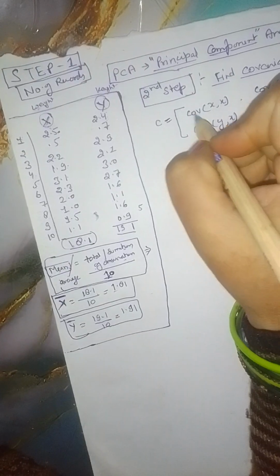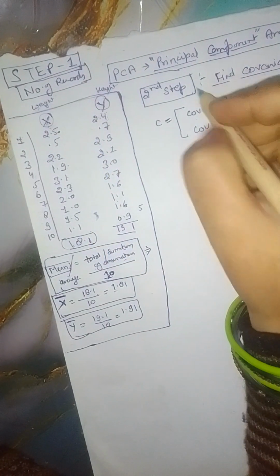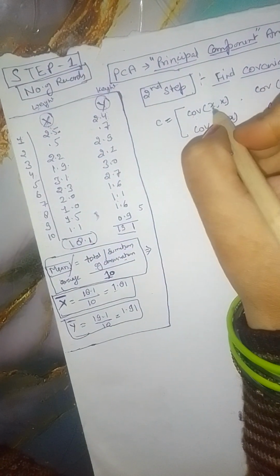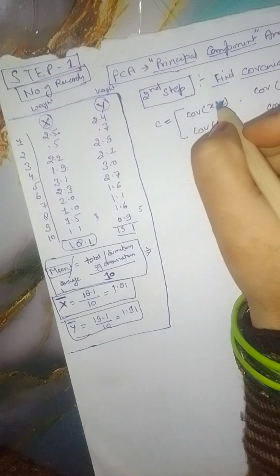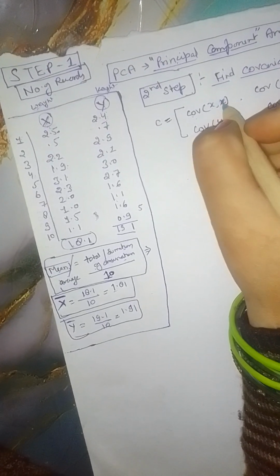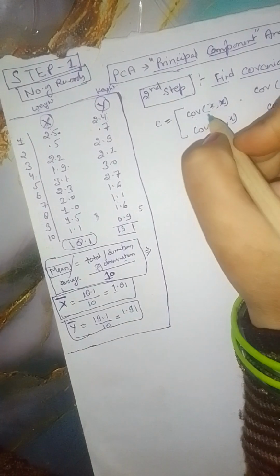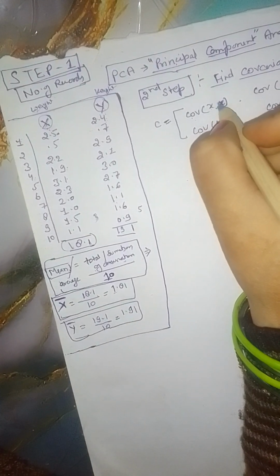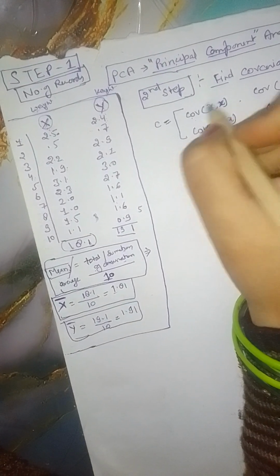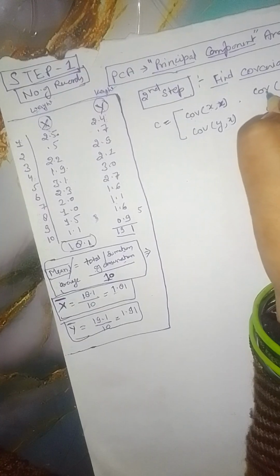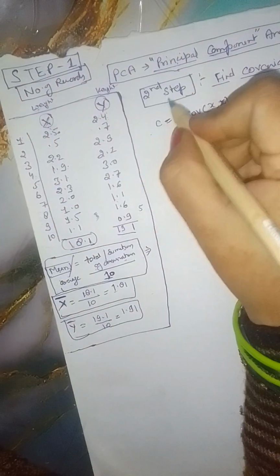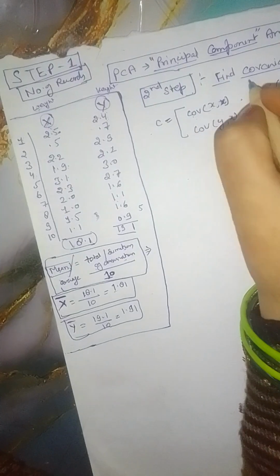When we have to calculate the covariance of x, it means 2 times we will take x here and 2 times we will take x here, fine. I will tell you why these two x's came and what that means. And now the covariance xy and this, fine. This is the formula of covariance, second step.